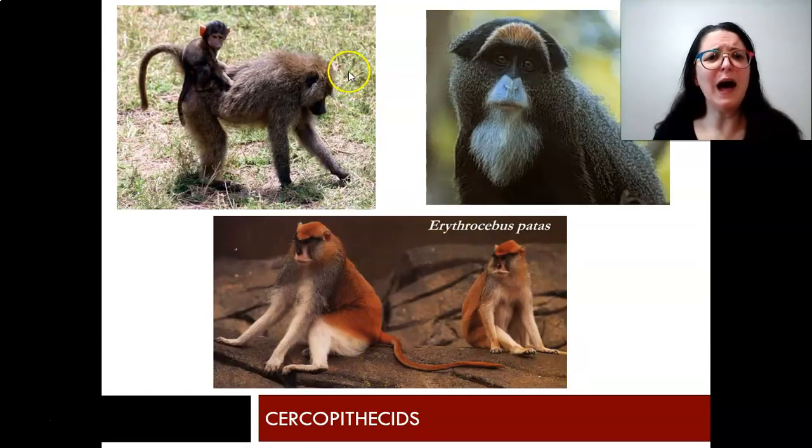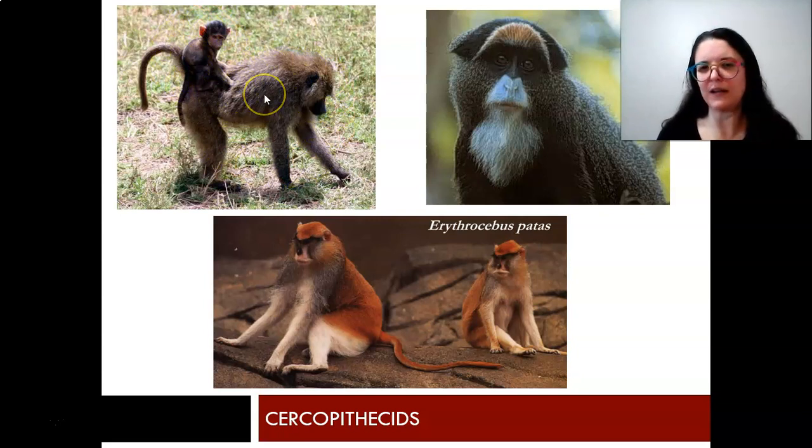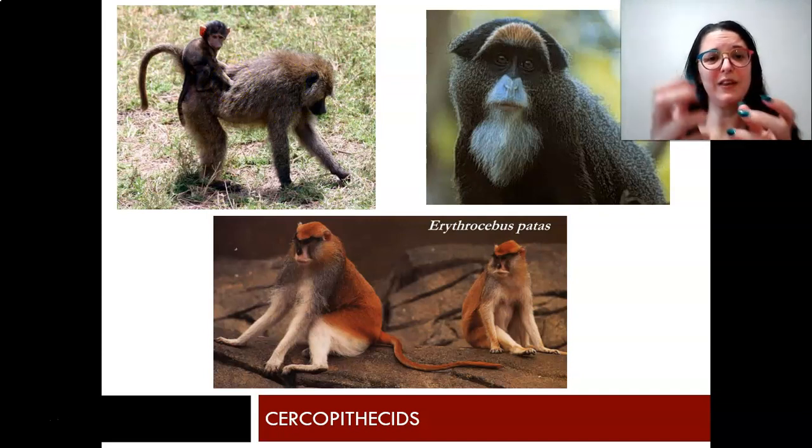Here's some differences. I was so excited when I captured this picture. This is an example of a baboon in my study area in Tanzania. What you can see with this baboon is a baboon mother, and this is her baby riding what we call jockey style. This is a specific trait that we see with them. Basically this is an adaptation that allows the juvenile to use its grasping hands to cling onto its mother.